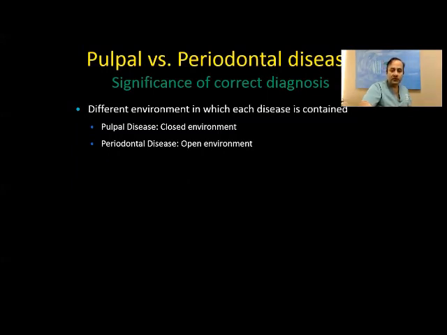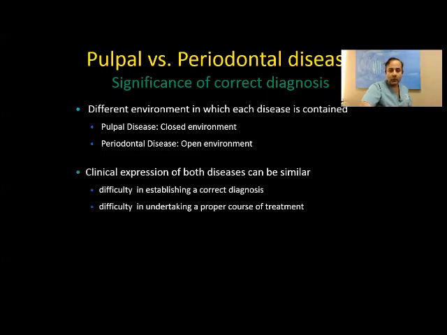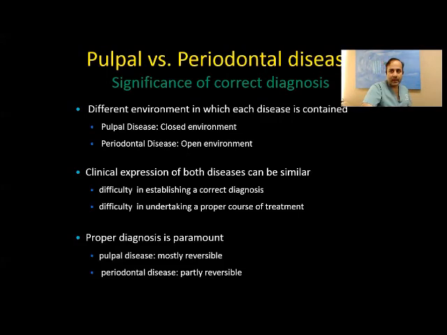For a pulpal disease, we're talking about the closed environment of the root canal system, and for a periodontal disease, we're talking about an open environment. So once we think about these two environments, in reality, the clinical expression can become very much similar, but yet it's very difficult to establish a correct diagnosis and difficult to undertake a proper course of treatment, the one that would become evidence-based and address the background problem that the patient has in this area.